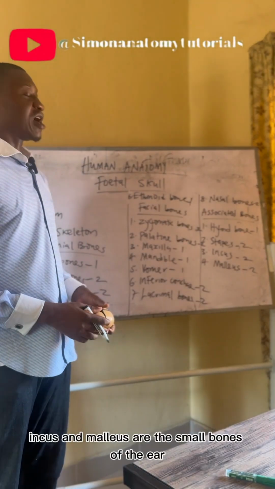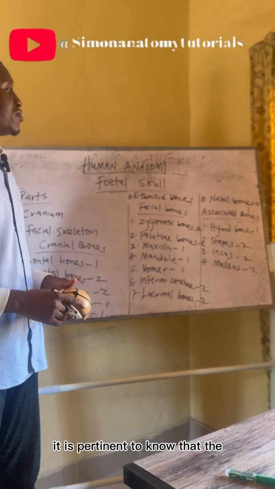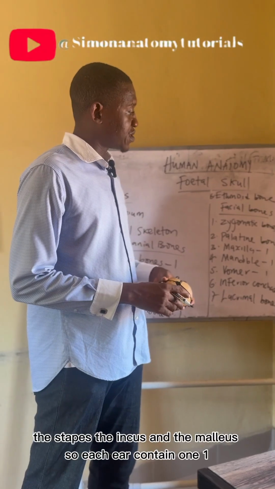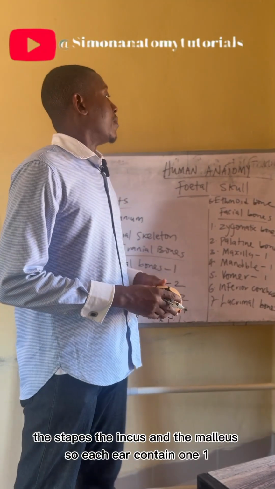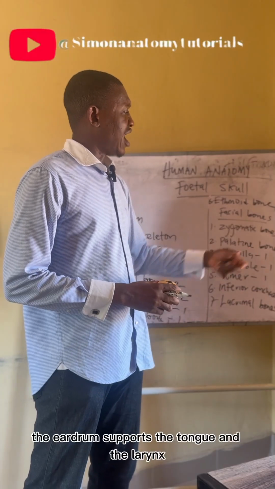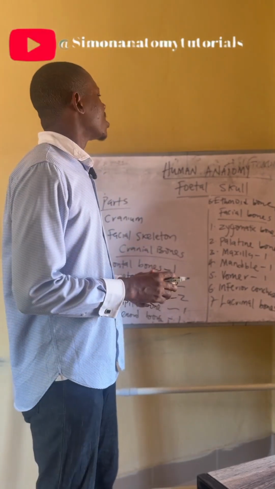The stapes, incus, and malleus are the small bones of the ear. It is pertinent to know that these are the smallest bones in the human body. Each ear contains 1 of each. The hyoid bone supports the tongue and the larynx.